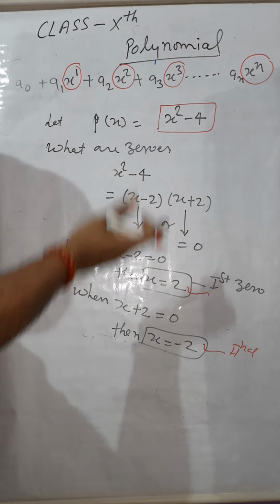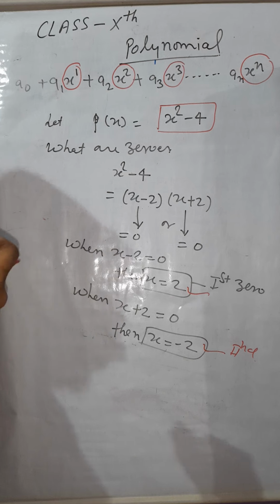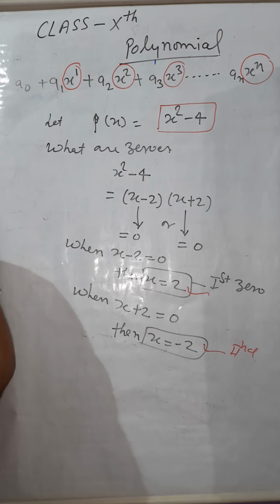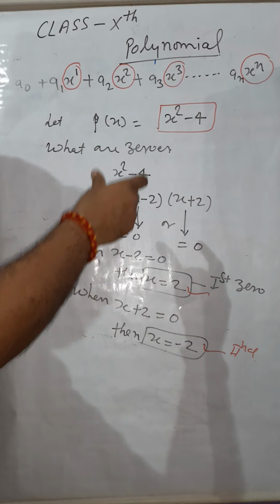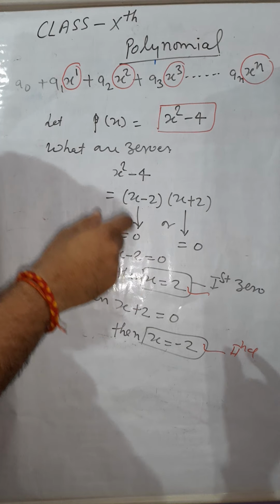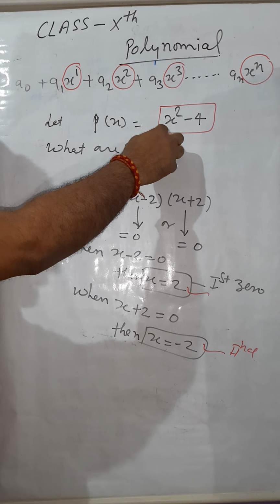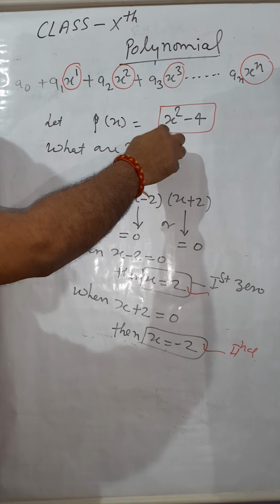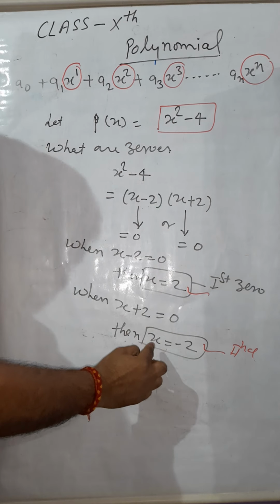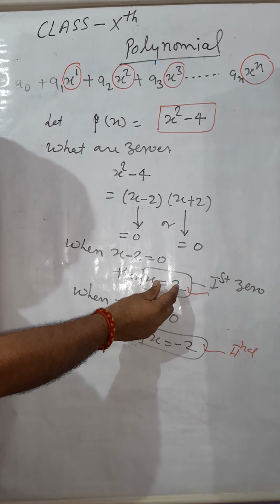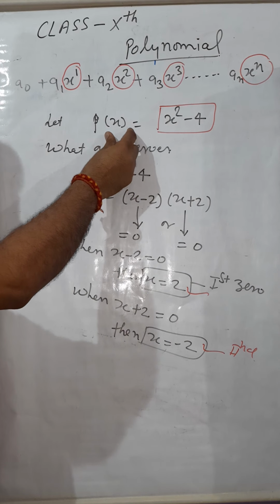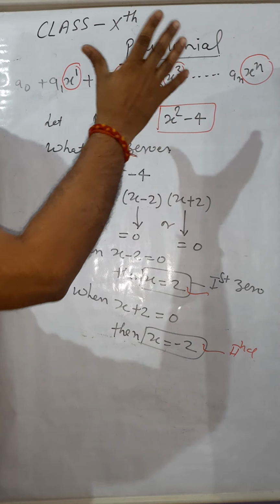But before going to start this, there is one important presentation, that is the geometrical meaning of zeros of a polynomial. So is this clear? What is the meaning of zeros? When we put a value in this polynomial, it will be equal to 0.